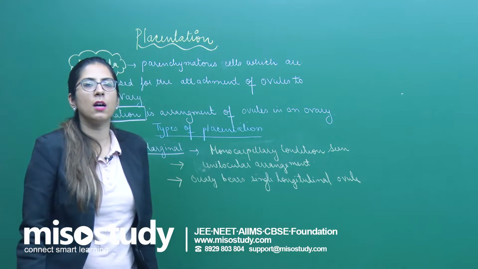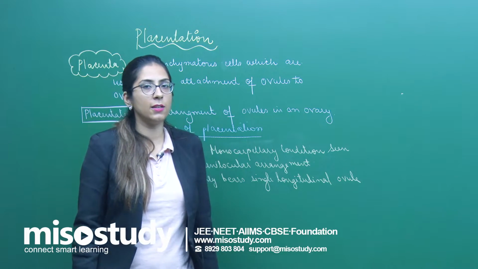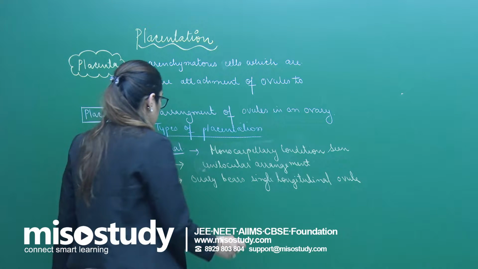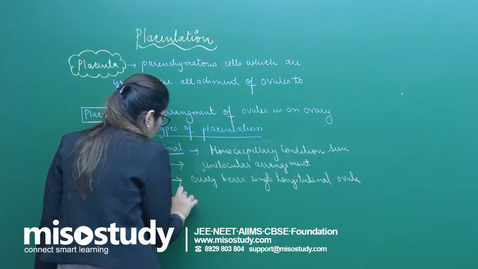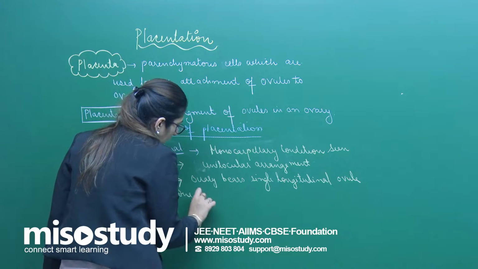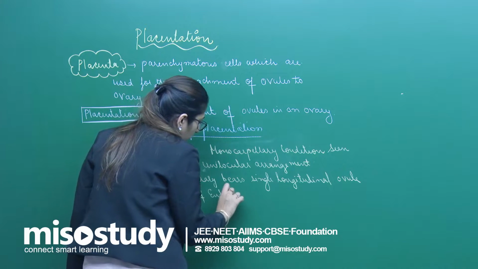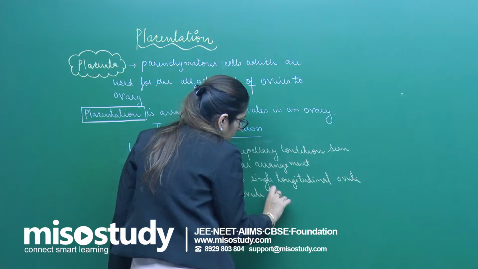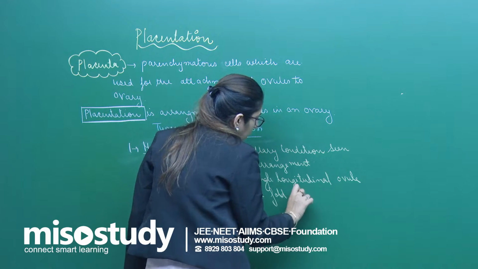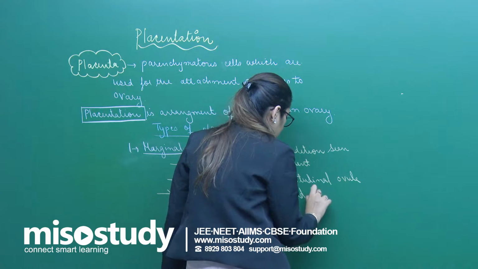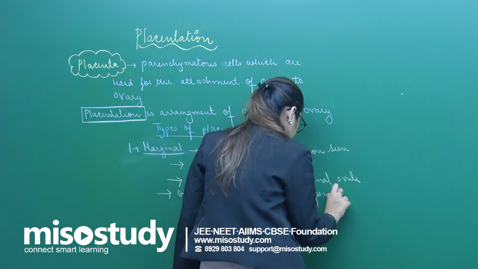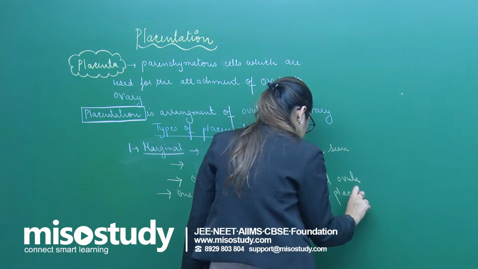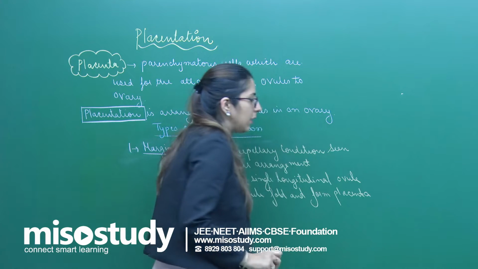In this we have examples like Pisum sativum and Lathyrus odoratus, right. So, in this case what happens? One end of the ovary folds and forms the placenta.